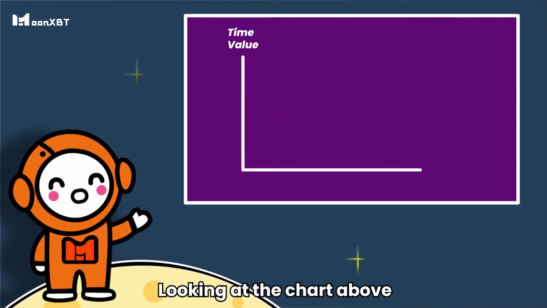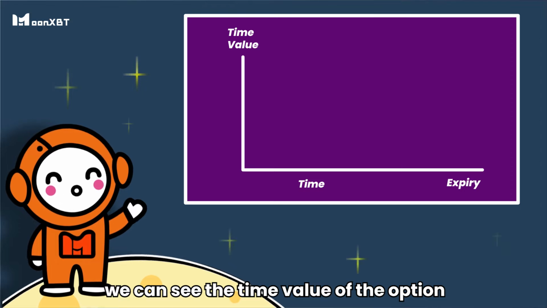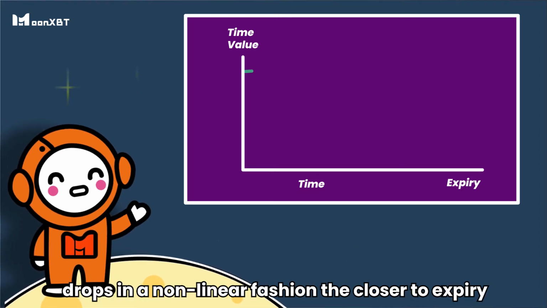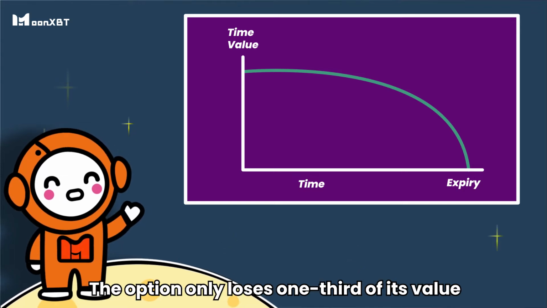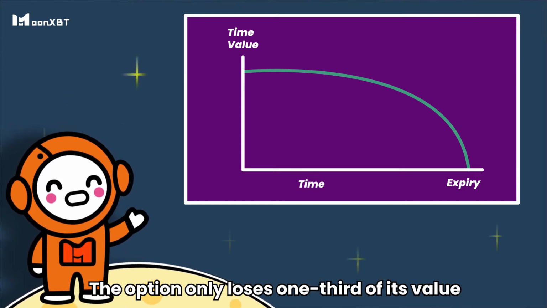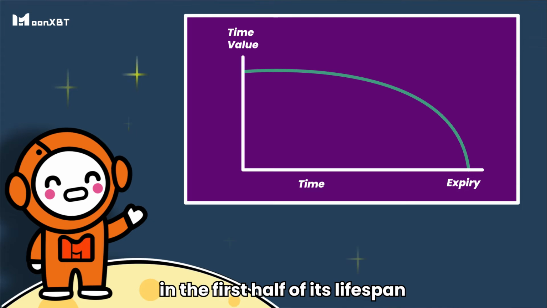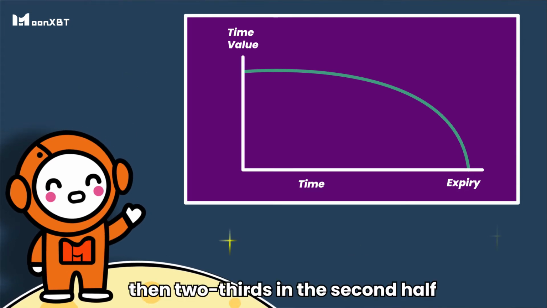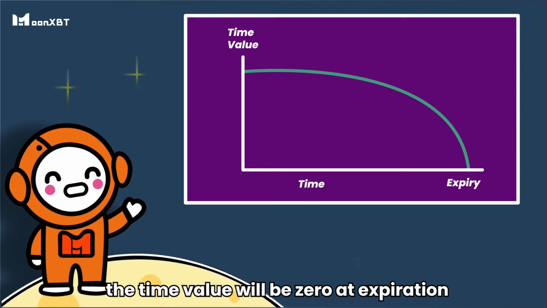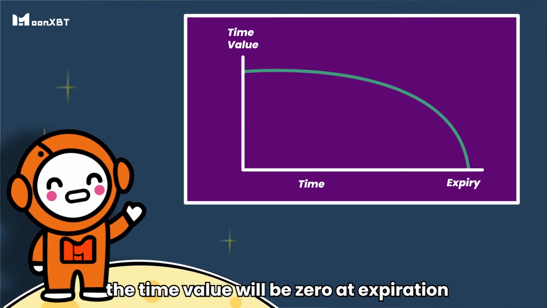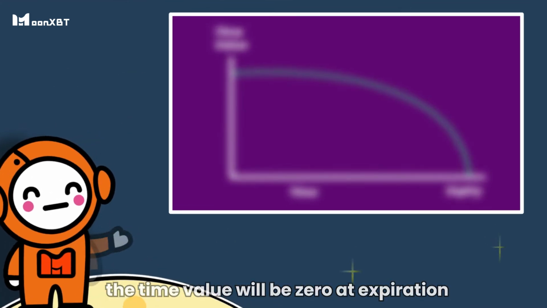Looking at the chart above, we can see the time value of the option drops in a non-linear fashion the closer to expiry. The option only loses 1/3 of its value in the first half of its lifespan, then 2/3 in the second half. Known as time decay, the time value will be 0 at expiration.